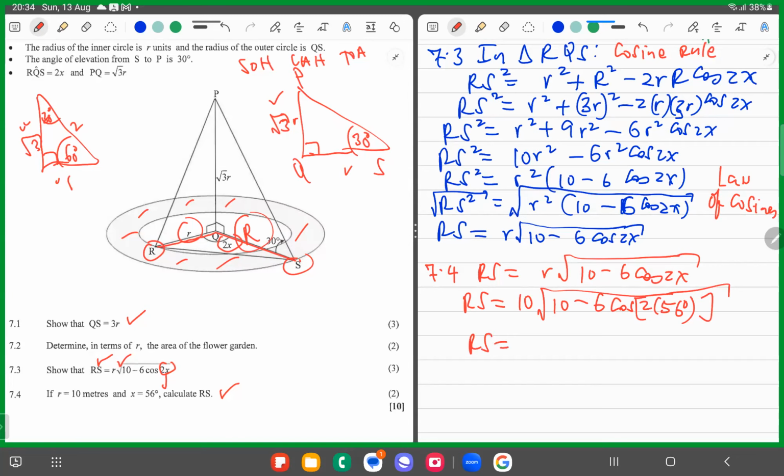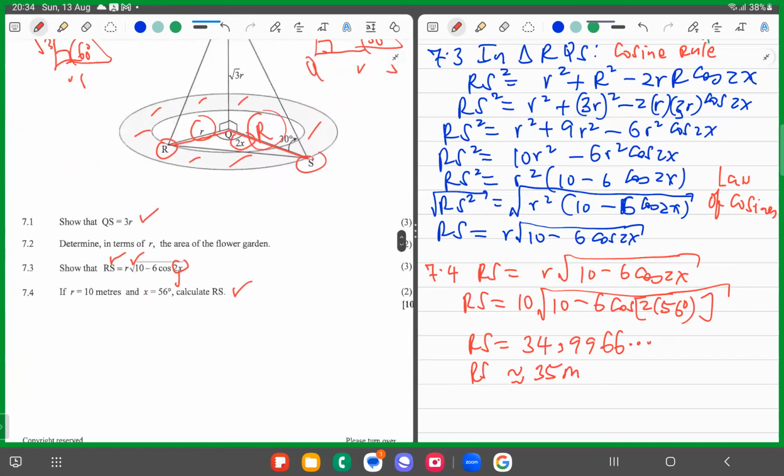And therefore, we get the answer, 34.9966. RS is 35 meters. So we found RS there.